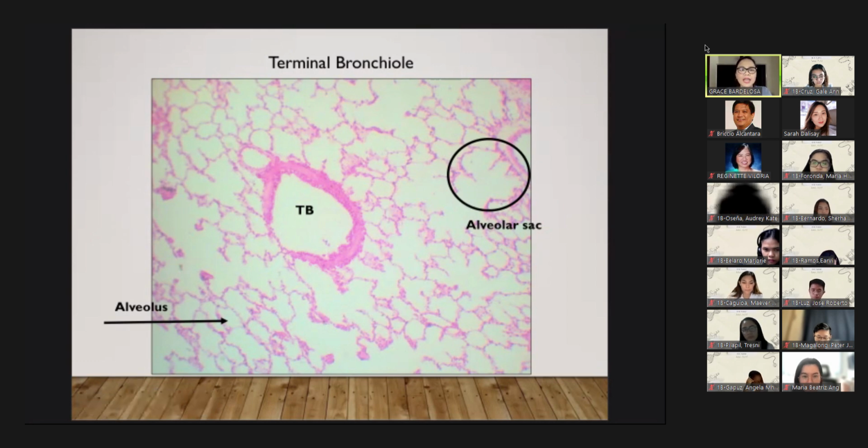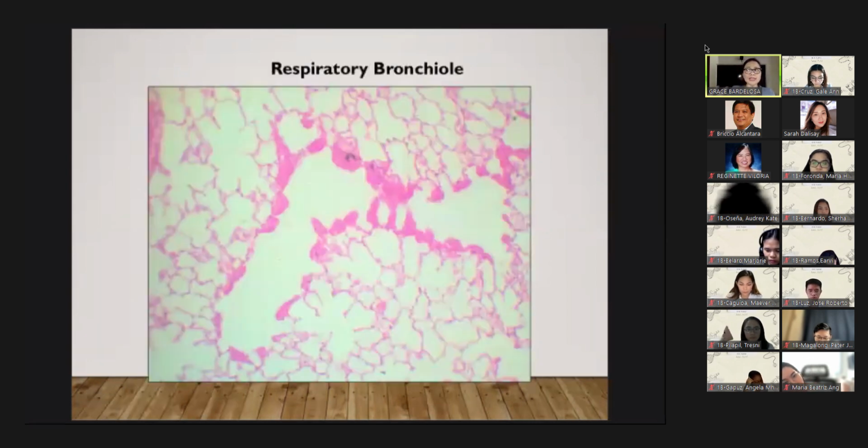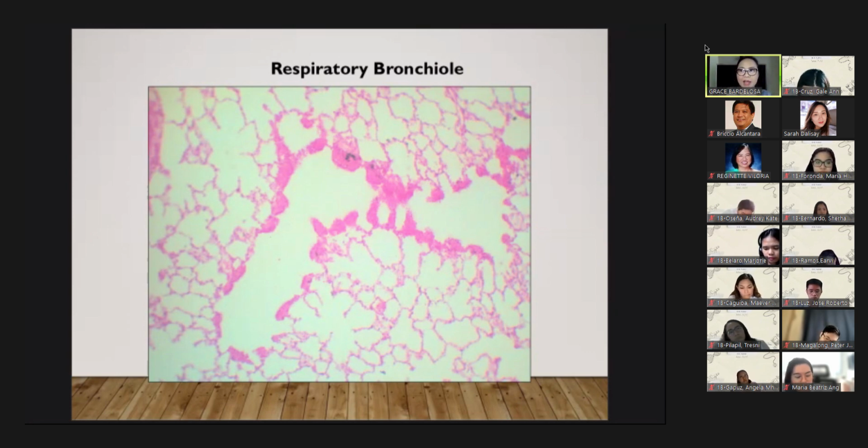Okay, next. What is next after the terminal bronchiole? We have the respiratory bronchiole. So you can see, class, please differentiate these two. Terminal is the end of the conducting portion. Respiratory is the beginning of actual gas exchange. That is the branch where gas exchange actually happens.